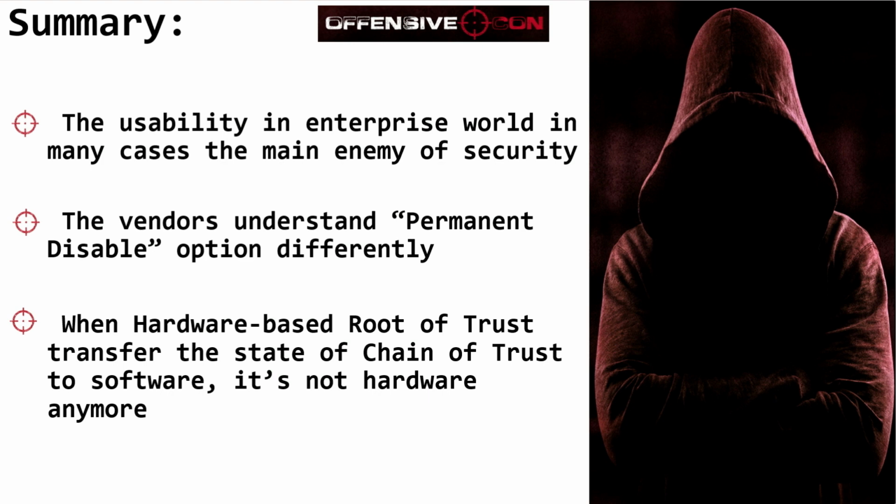When the hardware-based root of trust transfers the state of the chain of trust to software, it's done, because no more hardware root of trust exists, it's only software, right?